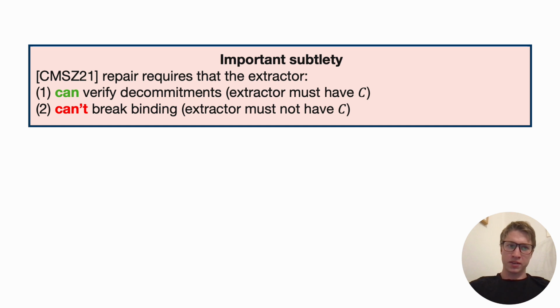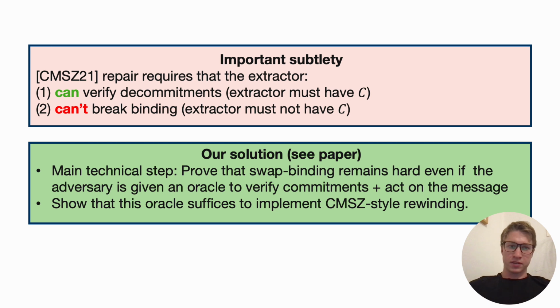So on the one hand, verifying decommitments would seem to require the C register. On the other hand, an inability to break binding would seem to require not having access to the C register. So these things are clearly in tension with each other. And the main technical step of our paper is going to be resolving this tension.